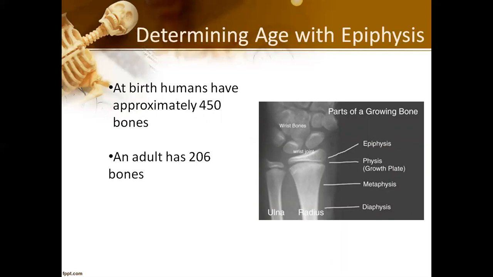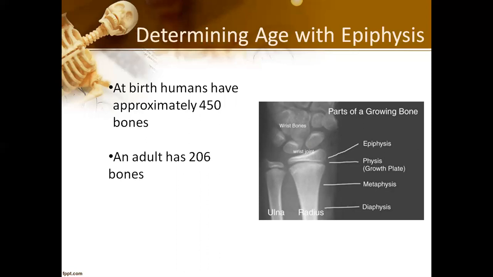If you look at the diagram on the right, you can see the bones of the arm. There is a label there, the diaphysis, which is basically the long bone, in this case of the arm. And up above that, you'll see the epiphysis, which is the growth plate.